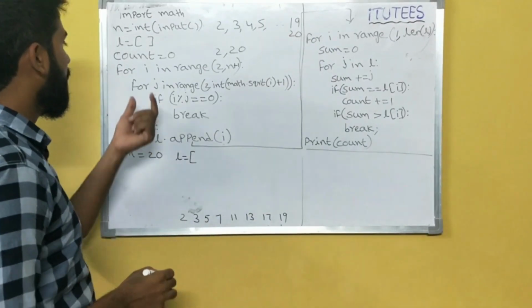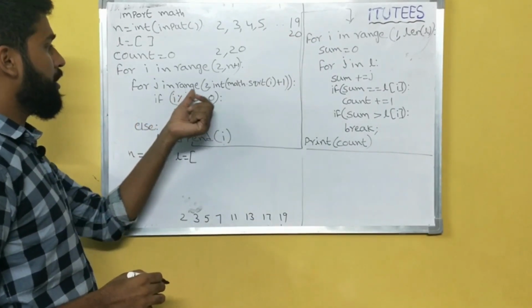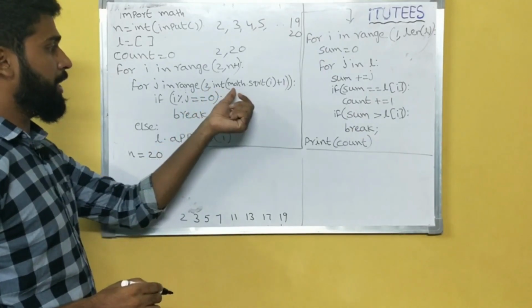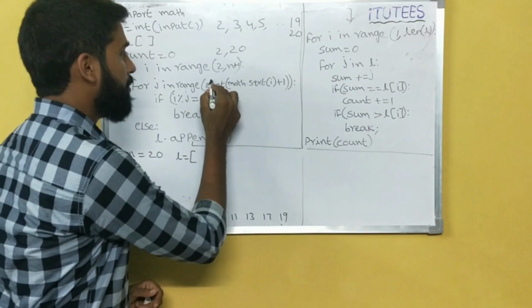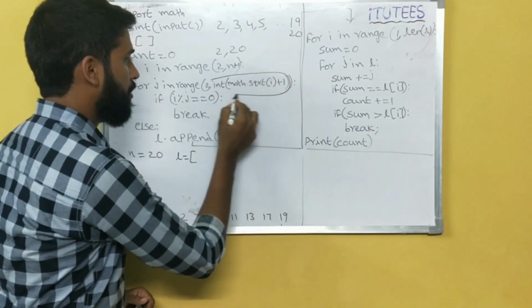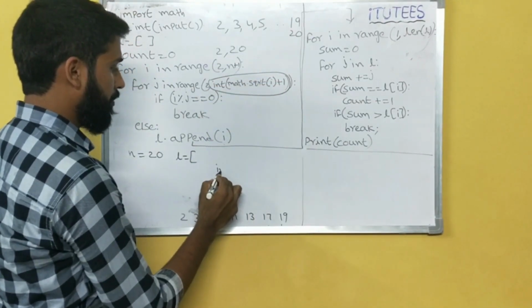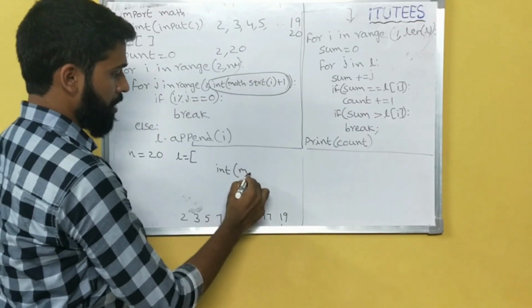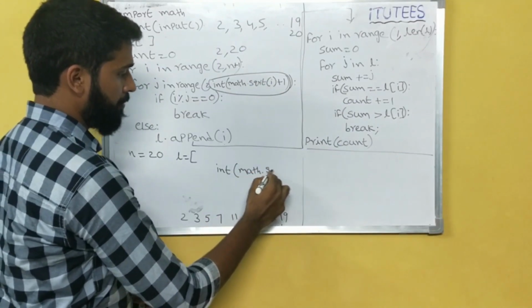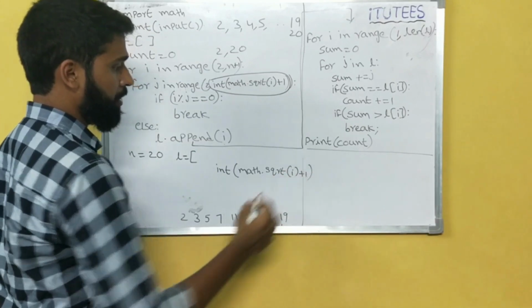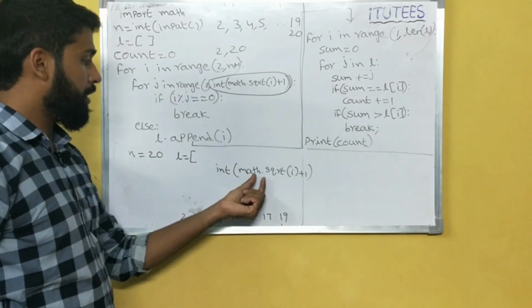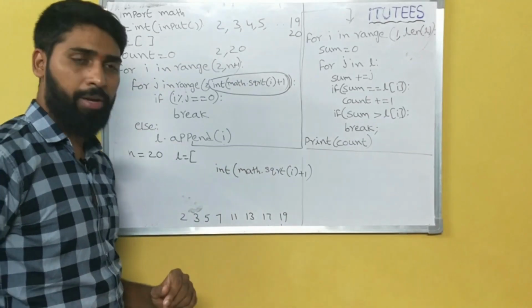Next, for j in range of 2 comma int of math dot sqrt of i, plus 1. What does this mean?